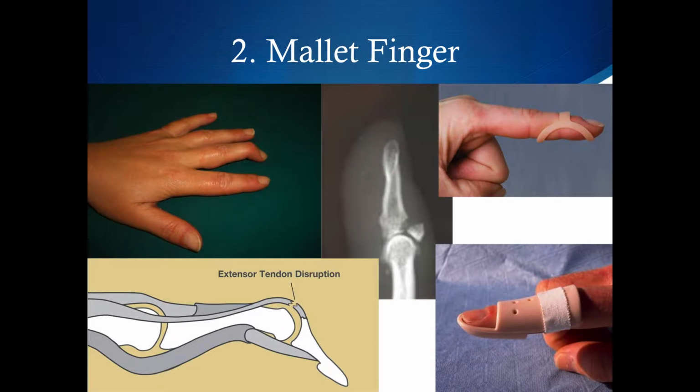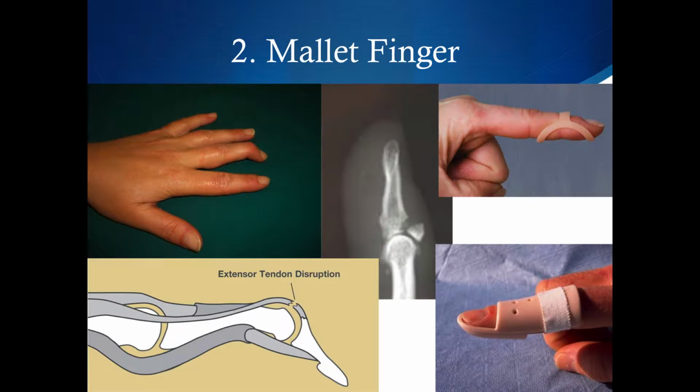Mallet finger can be treated with splinting. It's splinted in hyperextension at the DIP joint with aluminum splint, or a stack splint for an uninterrupted period for up to 6 to 12 weeks. This is followed by 4 weeks of night splinting.